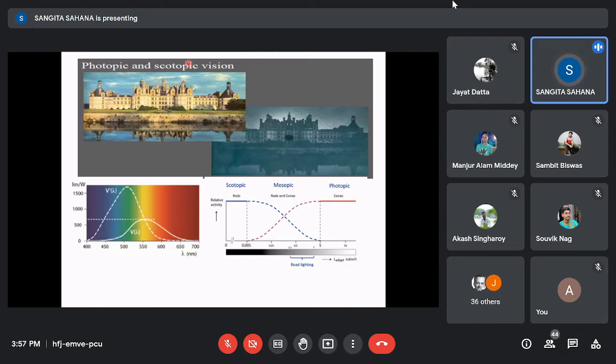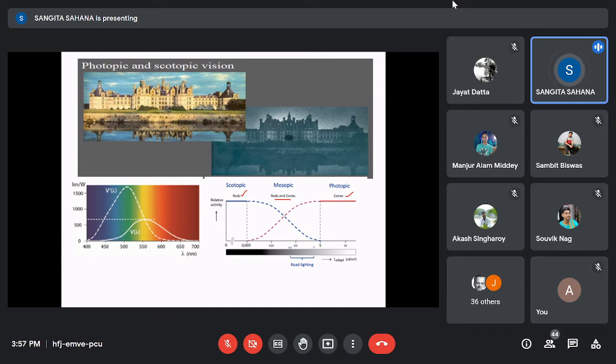This is the same photograph under photopic vision and under scotopic vision. Here for the third one, you can see the scotopic, mesopic, and photopic. For scotopic, we have rods. For photopic, we have cones. For mesopic, we have both.